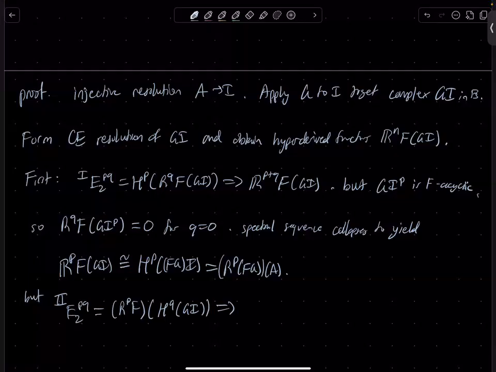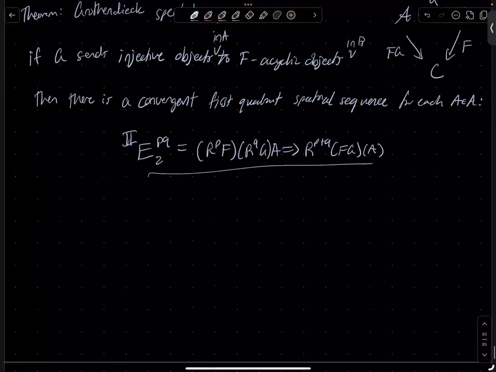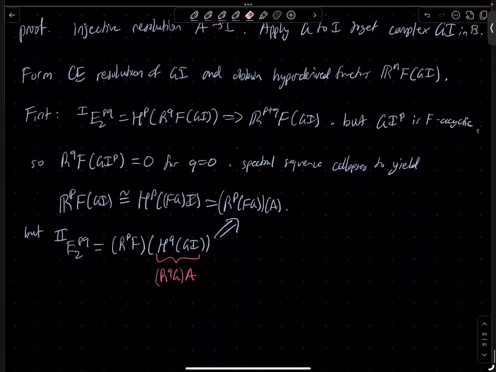This converges to, well, it converges to this thing because this is the homology or cohomology. Maybe I'll simplify this. This is by definition R^Q G on I, or on A, sorry. So that's the proof, right? You get this. Nice.